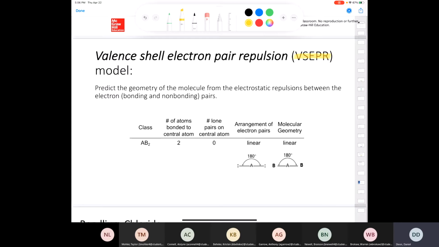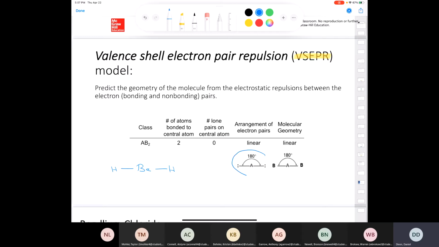And what are those lone pairs going to do? They're going to repel each other. What does that mean? That means they're going to get as far away from each other as is possible, right? Just like in our beryllium hydride molecule. If I have a central atom that has 2 atoms flanking it like this, and keep in mind there's no lone pairs on the beryllium, what are those 2 bonds going to do?